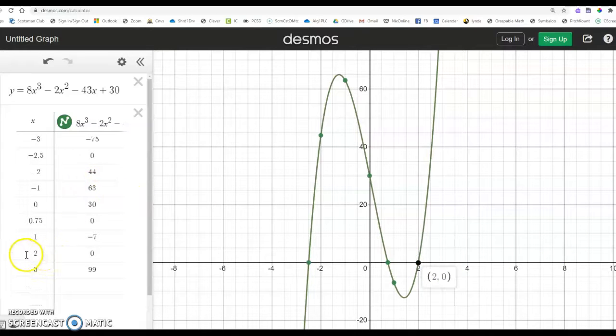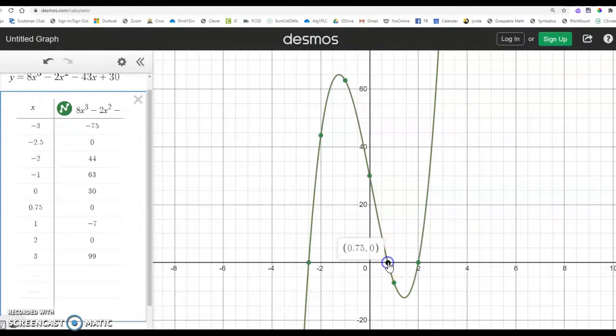If I go over to my table, it says that the ordered pair 2, 0 is on the graph. It also looks like it crosses somewhere between 0 and 1, and the table tells me it's at 0.75. So that point is 0.75, 0.